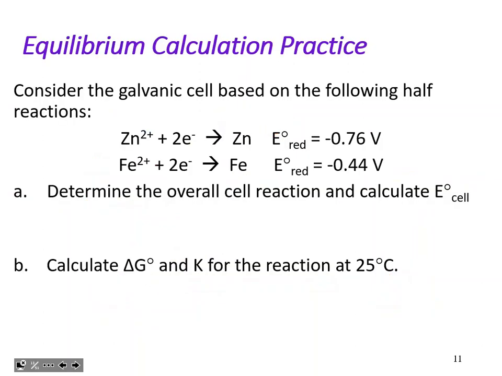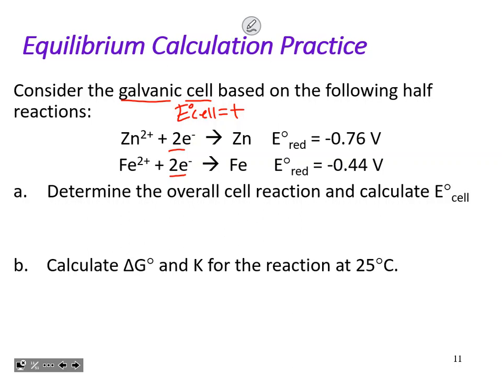Like for example, for this particular problem, let's take a look here. Consider the galvanic cell based on the following half reactions. So this is a galvanic cell. It tells me that. I know in that respect the E cell needs to be positive. It needs to be thermodynamically favored. So when I look at my two reactions here, which they kindly already are balanced because we have 2 electrons already in there, so it's already ready to go.